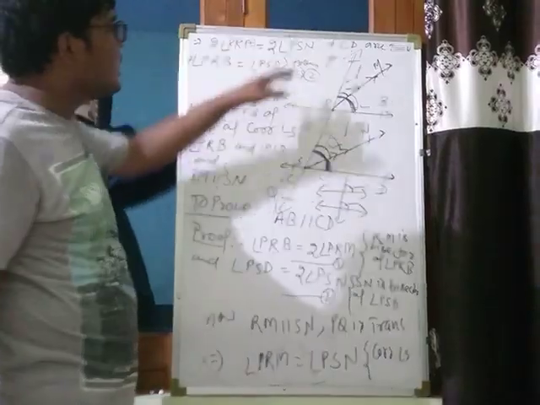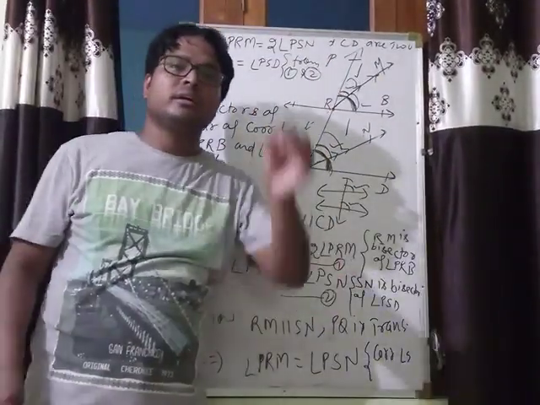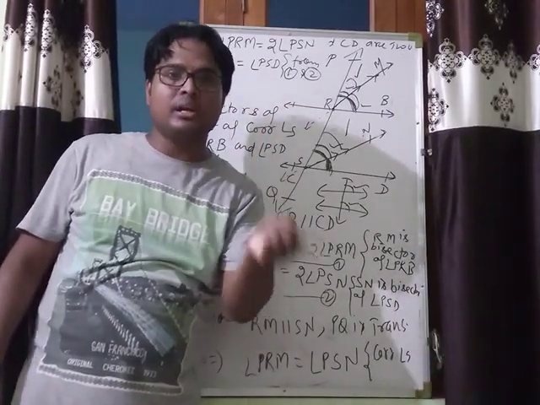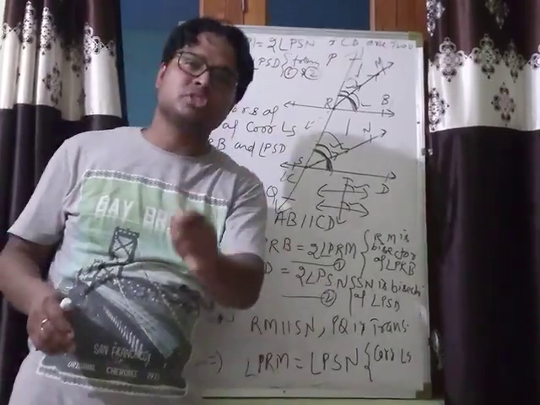So we have proved that AB and CD are two lines intersected by a transversal such that a pair of corresponding angles are equal. That's why lines must be parallel.